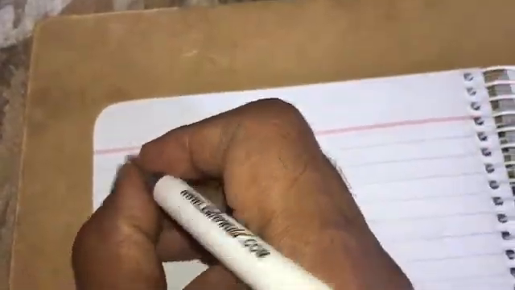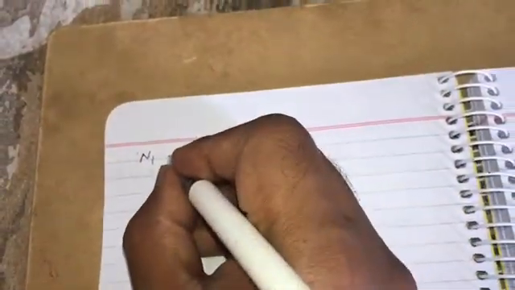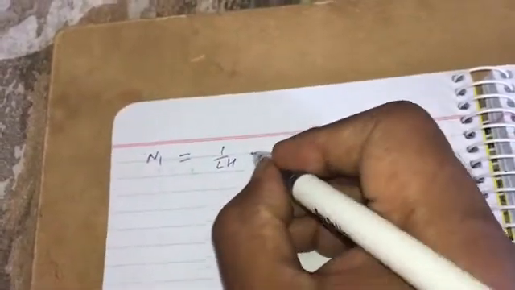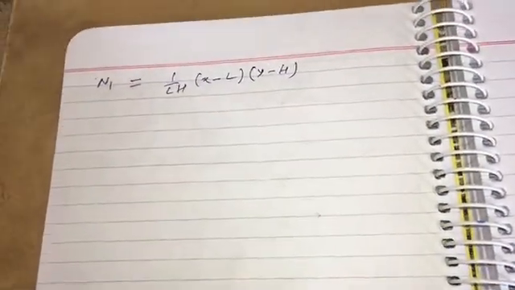So let's write n1 first. So we have n1 of x, y is equal to 1 over LH times x minus L and y minus h. Okay, so now what we need is del n1 del x.